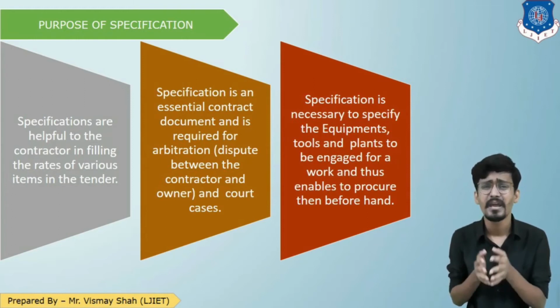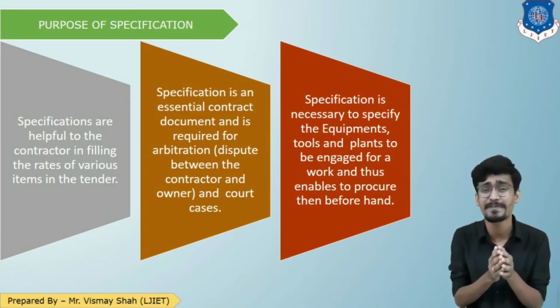The next is that specification is an essential requirement in the case of arbitration. Arbitration, you have already learned in tenders and contracts, is when there is a dispute between contractor and client. What is written in the specification will be finalized.